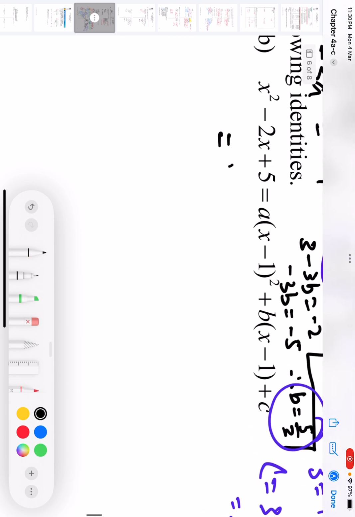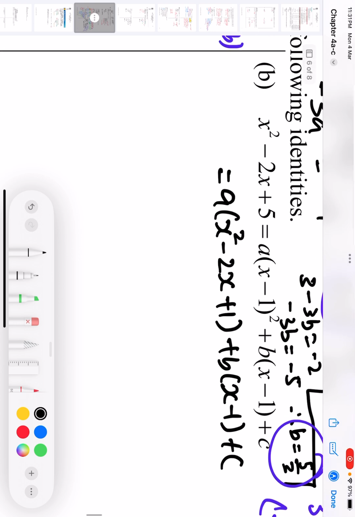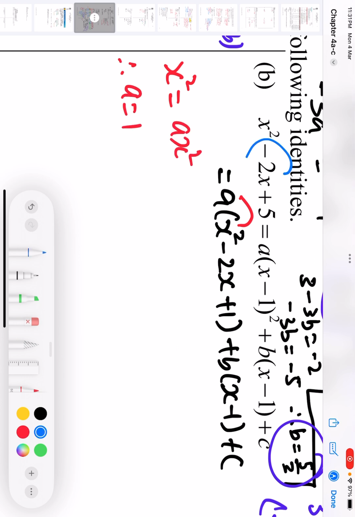Okay, let's quickly expand this out. ax squared minus 2ab plus b squared plus bx minus 1 plus c. So the first thing is we compare the x squared. This is ax squared, so therefore a is equal to 1. Next, we compare negative 2x, which gives us negative 2ax.